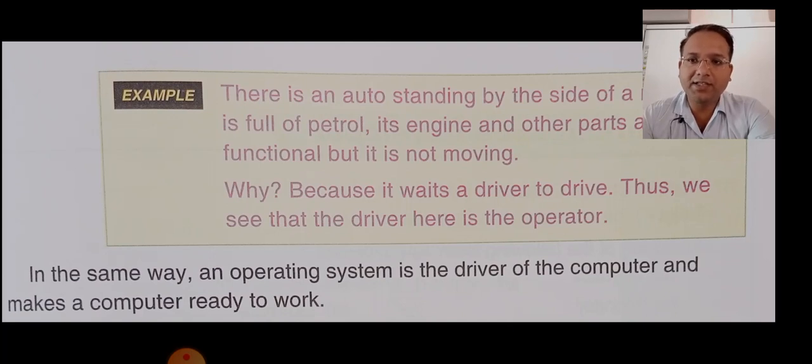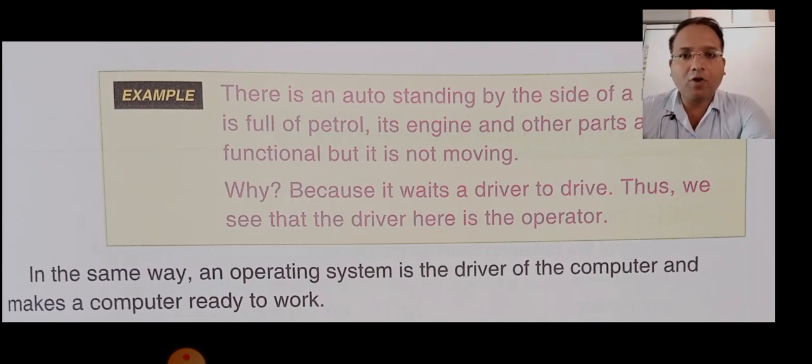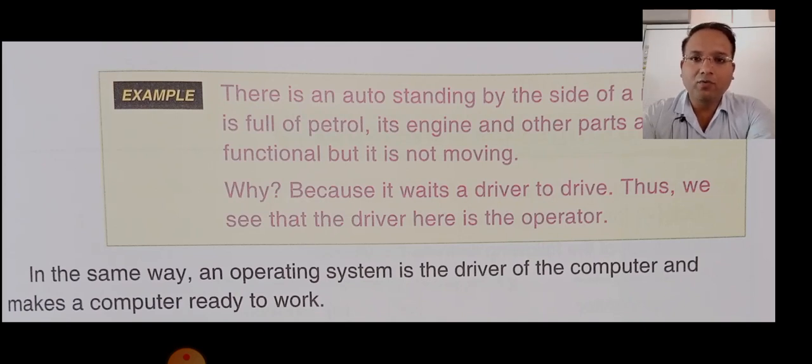Thus, we see that the driver here is the operator. Without a driver, we cannot run the auto. So in our computer system, the operating system works like a driver. If the driver is not there, then you cannot run the computer. In the same way, an operating system is the driver of the computer and makes the computer ready to work.